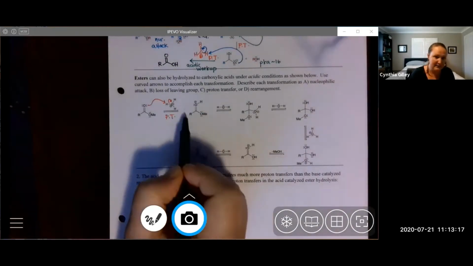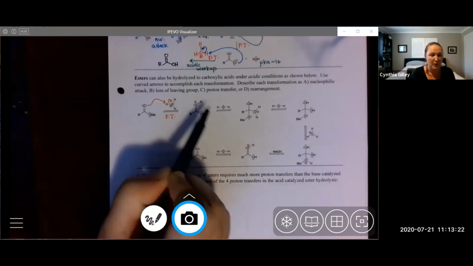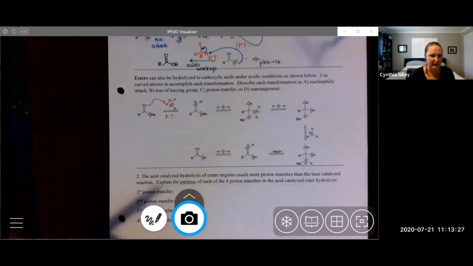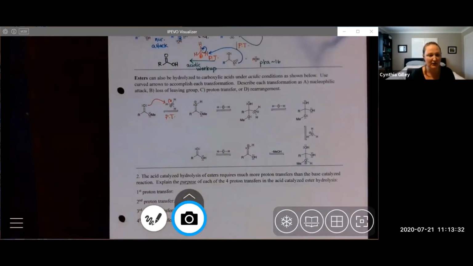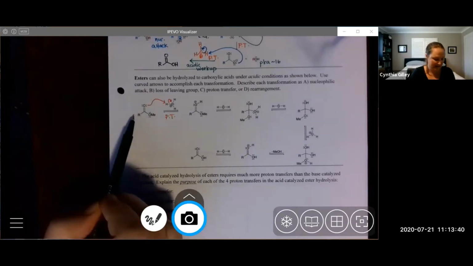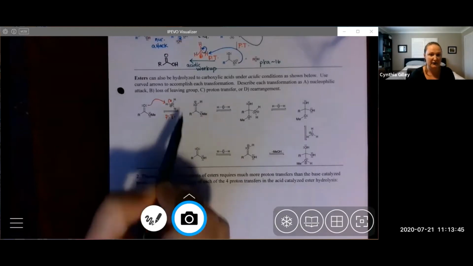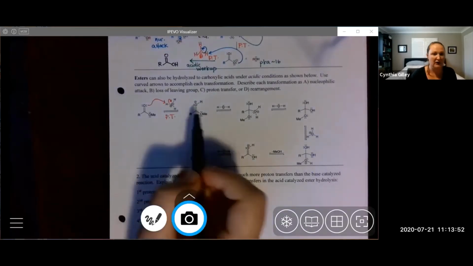That makes this entire ester electrophile more reactive, and specifically this carbonyl carbon more electrophilic. It makes it charged, so we know that anything charged is less stable than something that's not charged. So this is more stable than this just because it's not charged, and this is charged. So it's raised the energy of the electrophile, making it more reactive, and also making the carbonyl carbon more electrophilic. So now we actually have a strong electrophile.